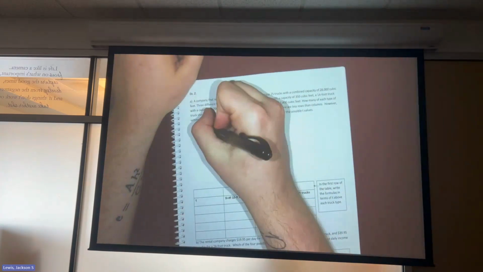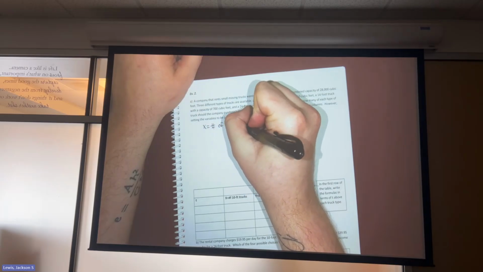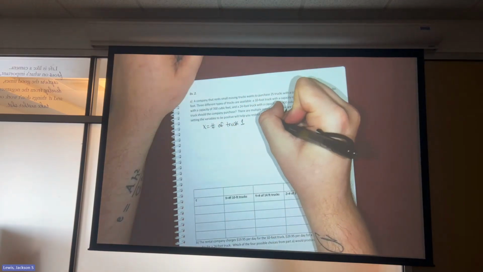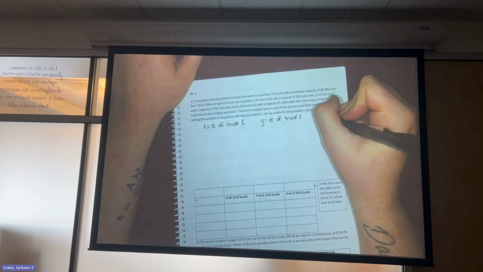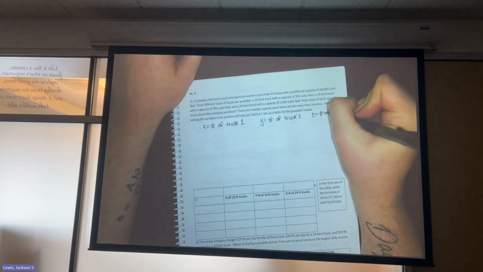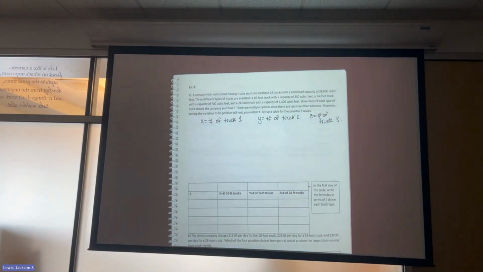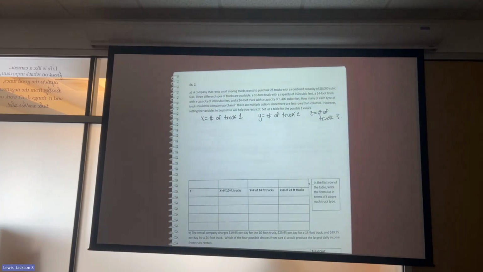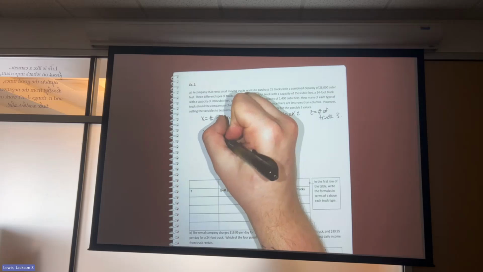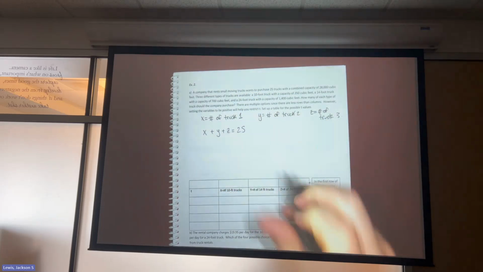So I'm going to let X be number of truck 1, Y is number of truck 2, and Z is number of truck 3. All right. And I want the sum of those to be a total of 25 trucks. Right? It says I want 25 trucks total. So X plus Y plus Z is going to be 25 trucks total.